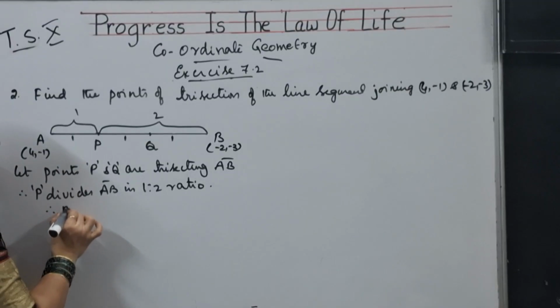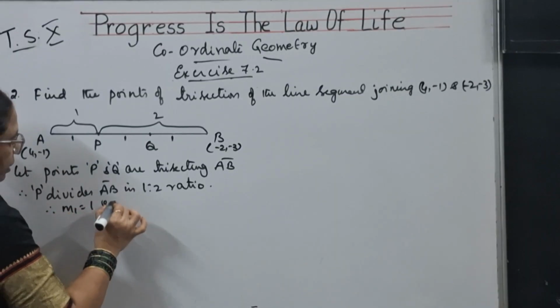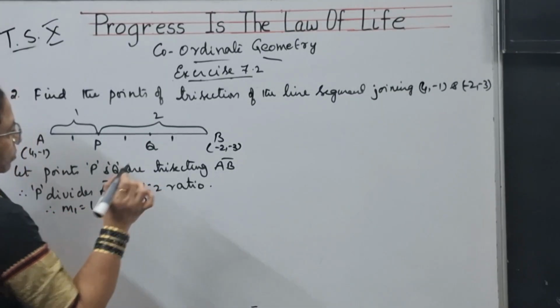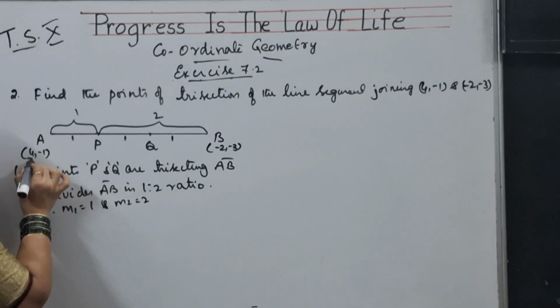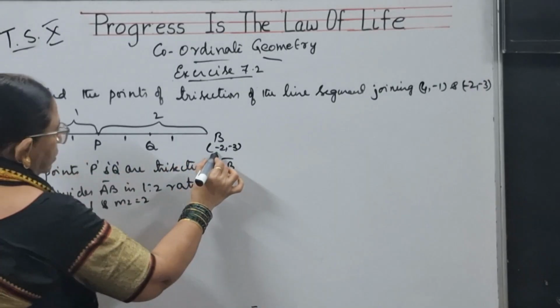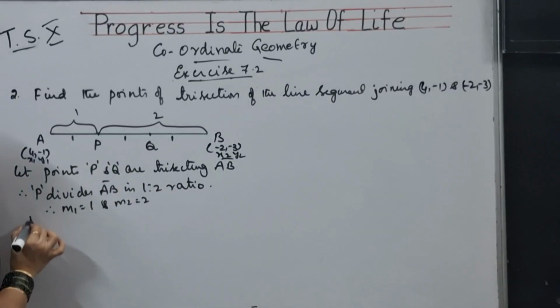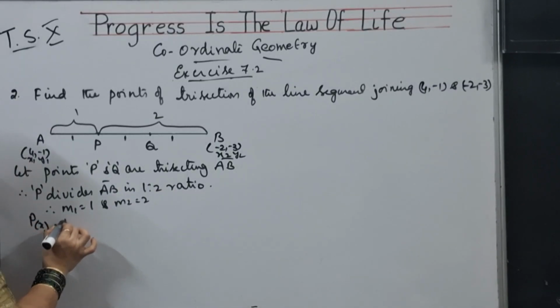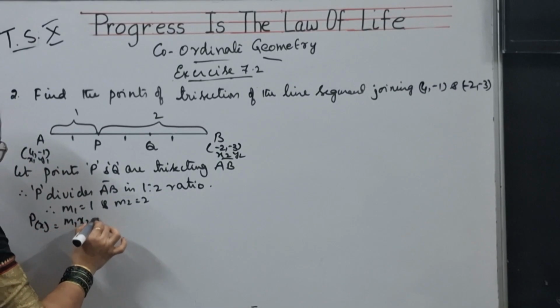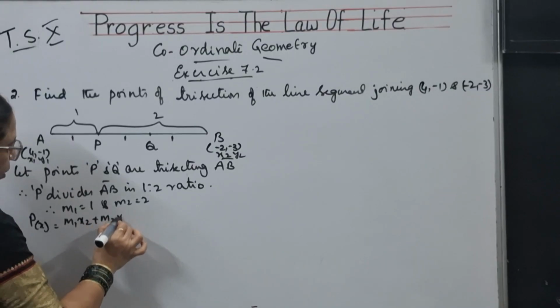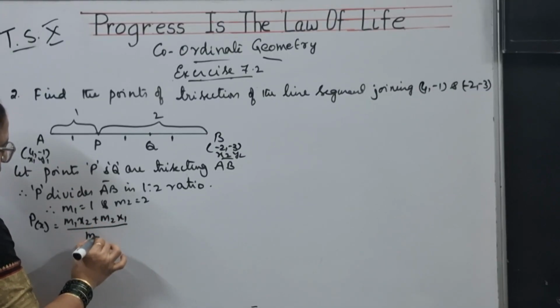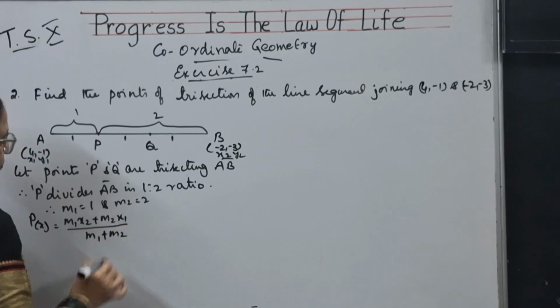This means what you can say? m1 is equal to 1 and m2 is equal to 2. So this becomes x1, y1. This becomes x2, y2. So what is P of x? m1 x2 plus m2 x1 by m1 plus m2.